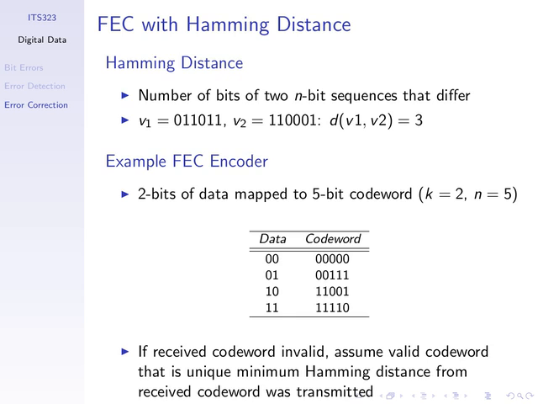So what the receiver does when they have a received code word, they check if it's valid. And in this case, the received code is a valid code word. That is, the received code word matches this valid code word. In this case, we assume no errors.